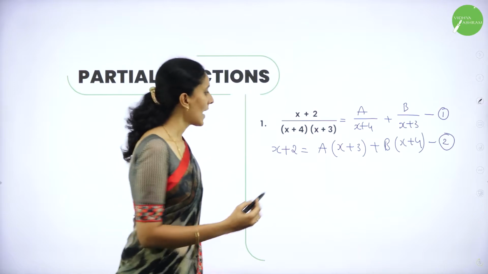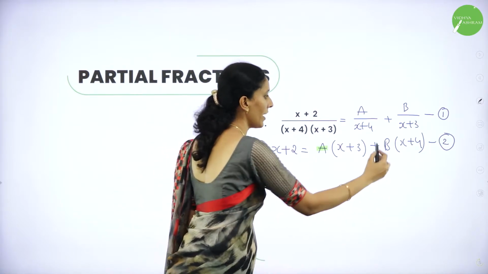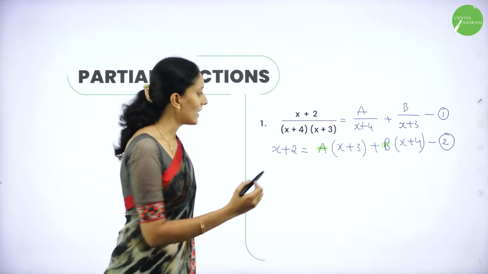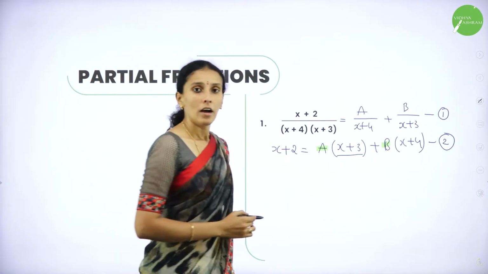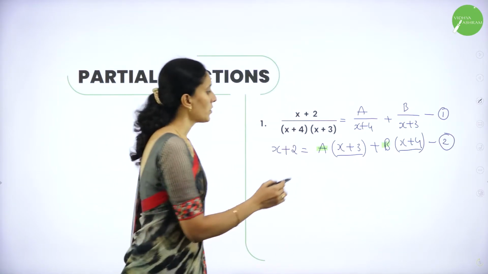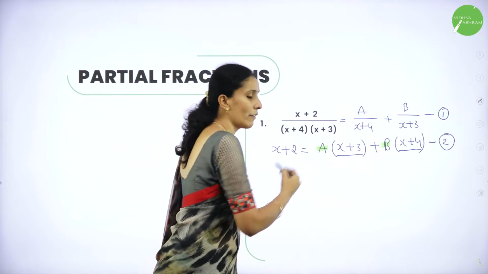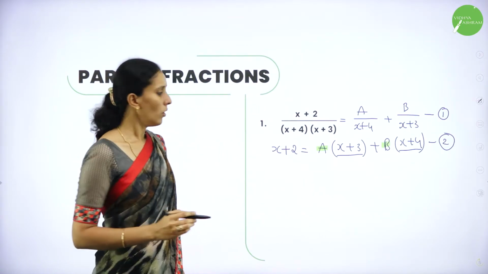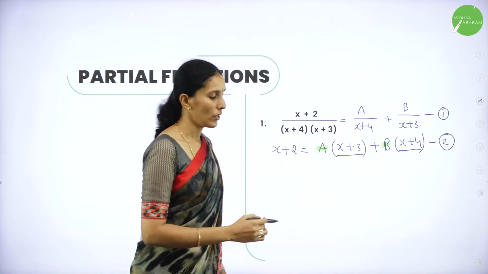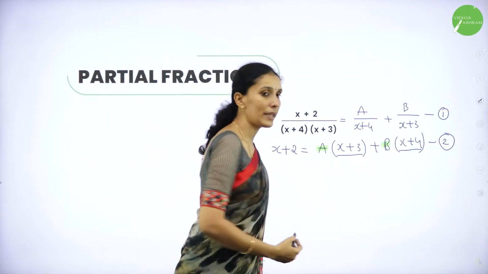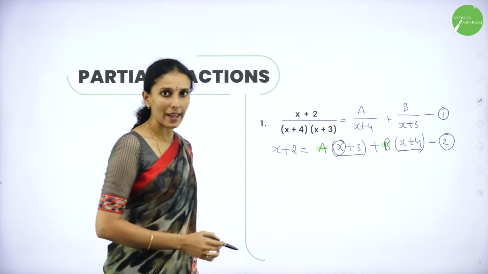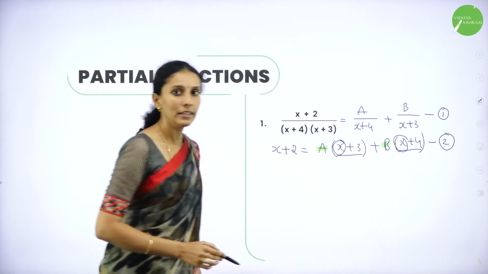The next step is to find the value of A and the value of B. For that, I'll see the terms which are with A and the terms which are with B. To find B, I'll make A as 0, and to find A, I'll make B as 0. How is it possible? Just by substituting the value of x.